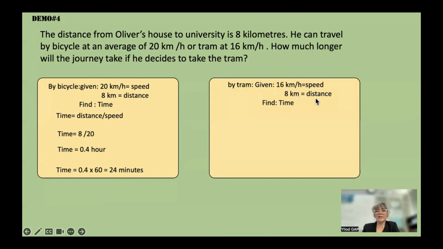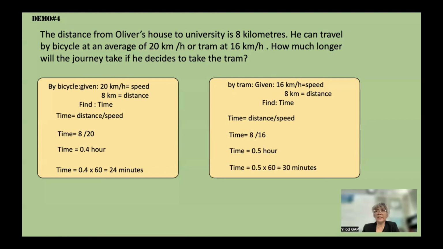So given that, again, we're getting the given information first, and then we have distance divided by speed, 8 over 16. So you have 0.05. Same thing, we need to change it to minutes, so that's 30 minutes. So you can see here the difference of travel time.